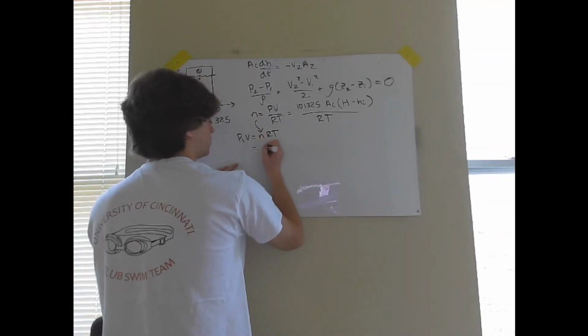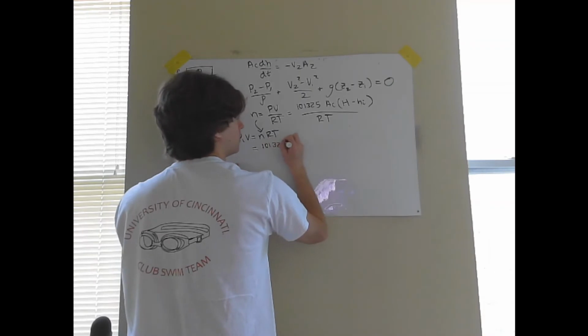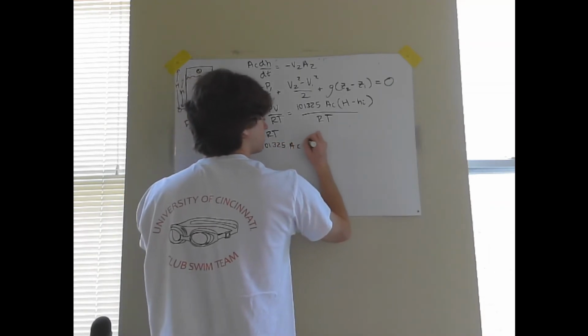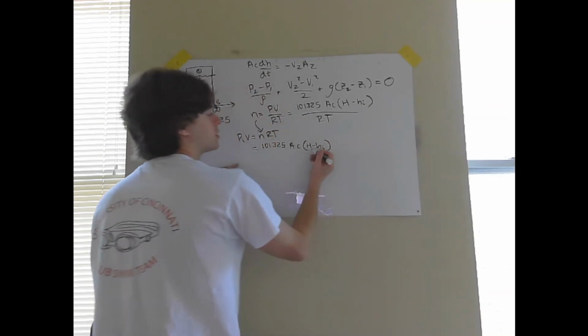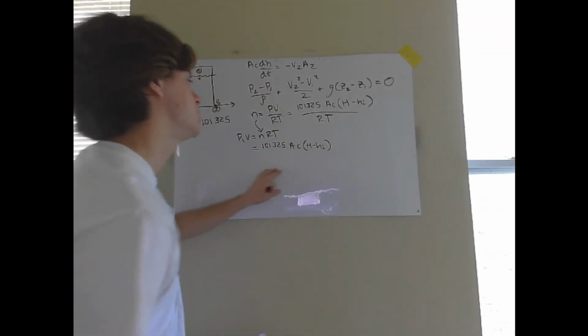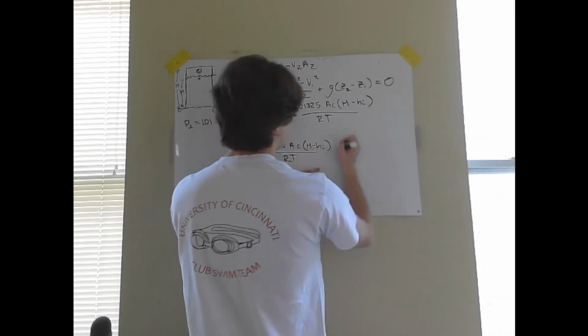So that's going to be 101,325 times the cross-sectional area times the total height of the tank minus the initial height of the fluid, over RT, times RT.